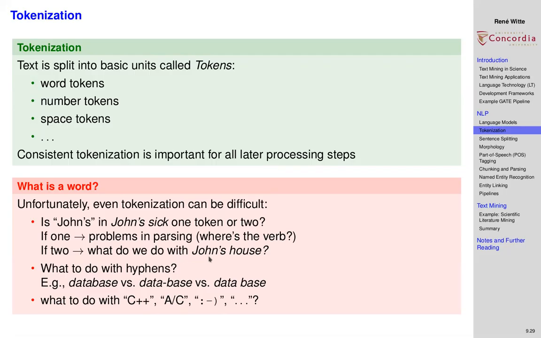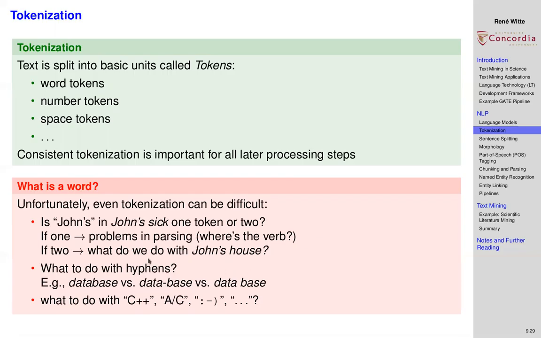And then you come into another document and process John's house. Now the strategy that you just applied for John's sick doesn't work anymore. So this is something that will haunt you all the time in NLP, because natural language is messy, ambiguous, and to do it reliably is quite tricky.